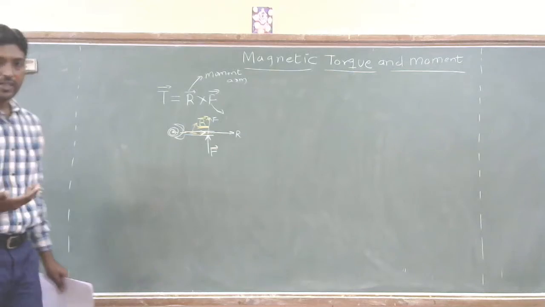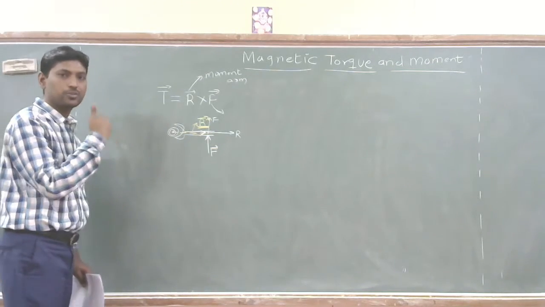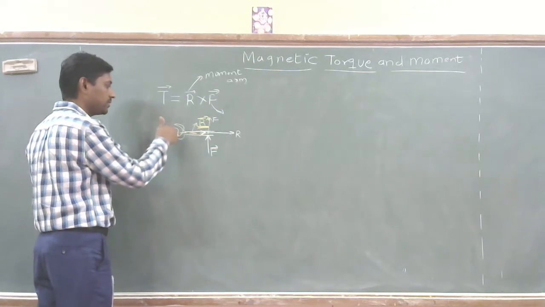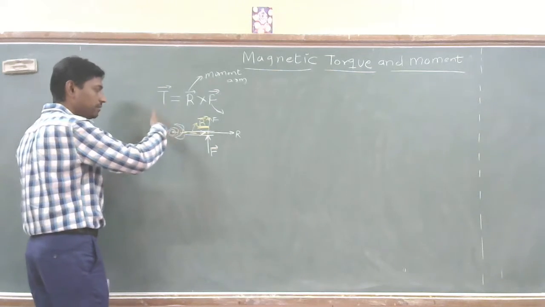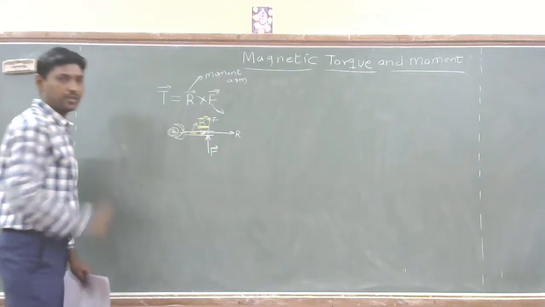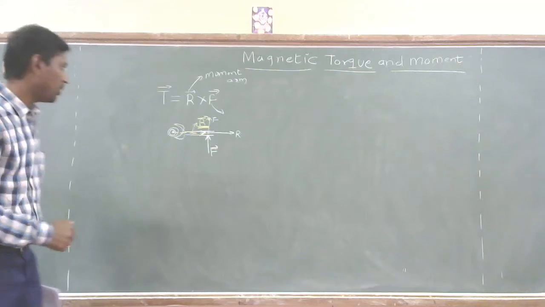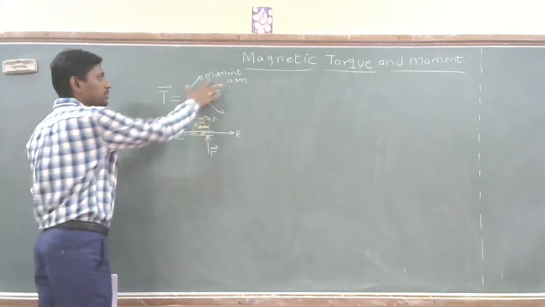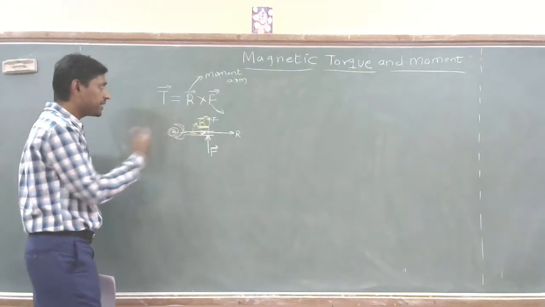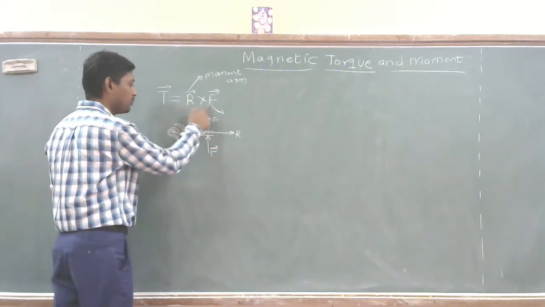We also know that the direction of the torque will be in the direction of the axis of rotation, because when you take a spanner and rotate, the rotation will be like this, and the axis of the rotation is this one. This is what we know from physics: we know how the torque is defined. It's a moment arm with the force applied, and I tried to explain what R is and what F is.